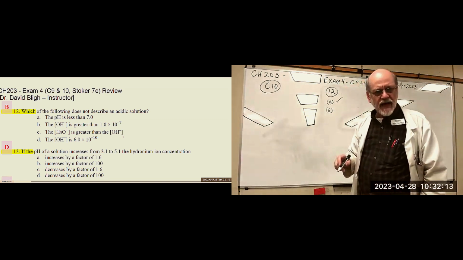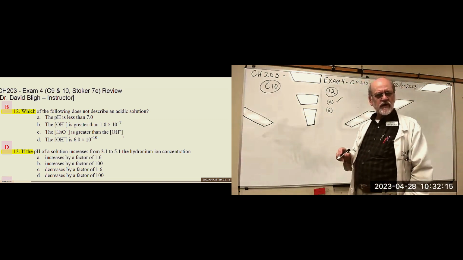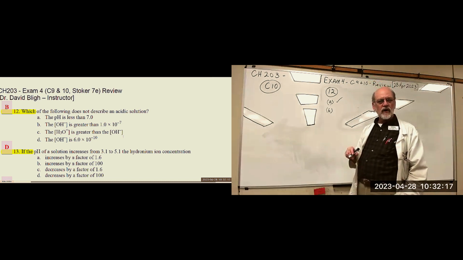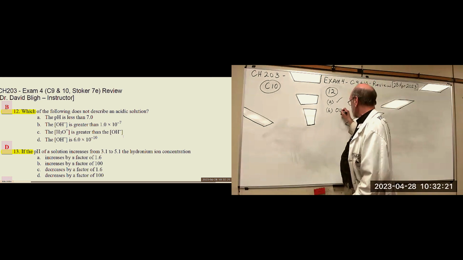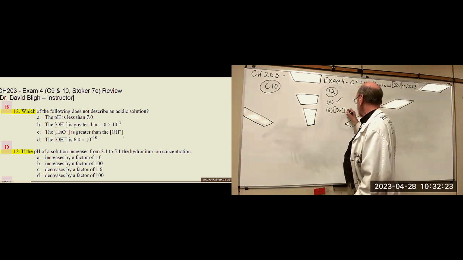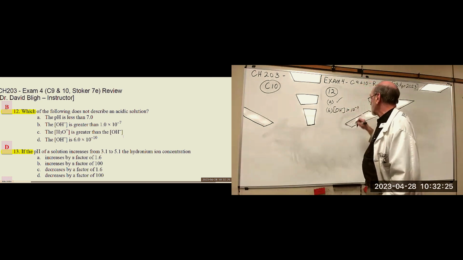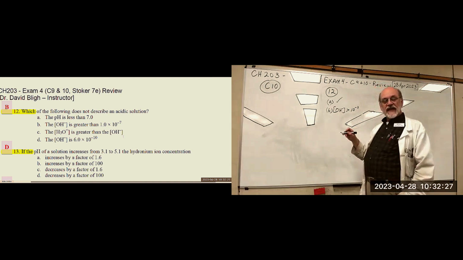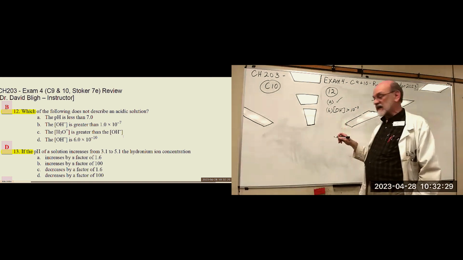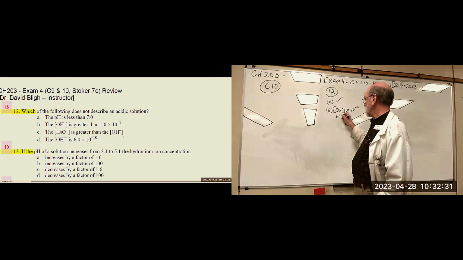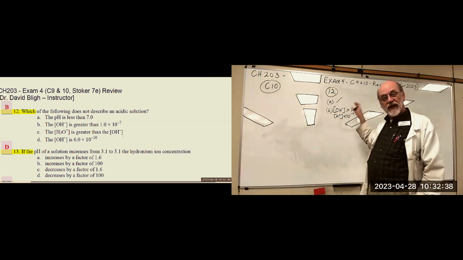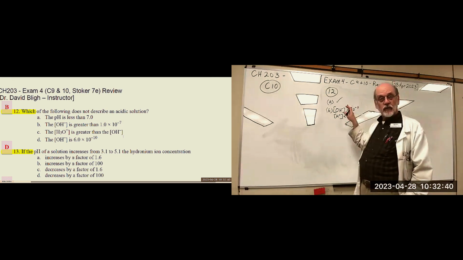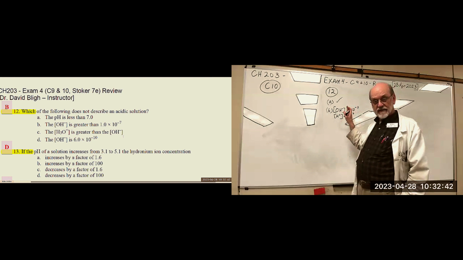B, the hydroxide ion concentration is greater than 1 times 10 to the minus 7. If this is greater than 10 to the minus 7, then what would hydrogen be? Hydrogen would have to be less than 10 to the minus 7, because when you multiply them together, you get 10 to the minus 14, always.